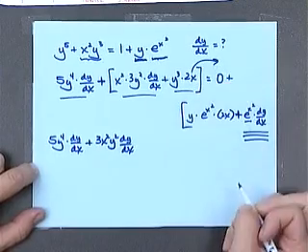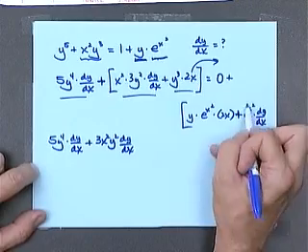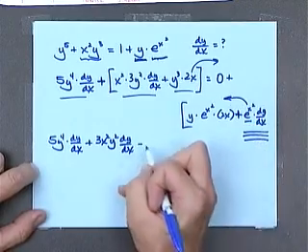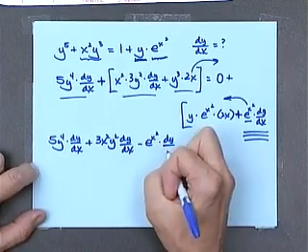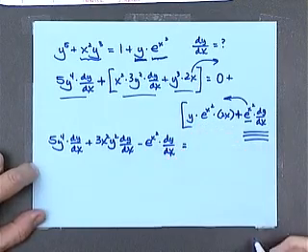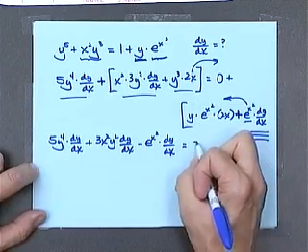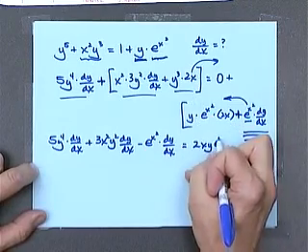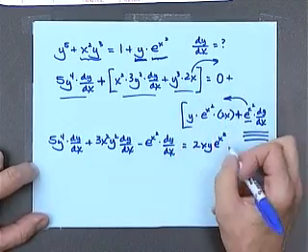This one we're going to send to the other side, which is minus. This term is on the other side, we'll leave it alone. And this term was on the left side, we're moving it to the right side, so it's now negative.